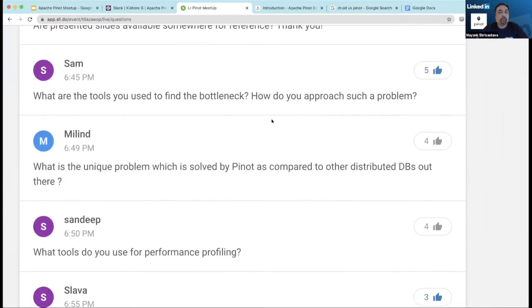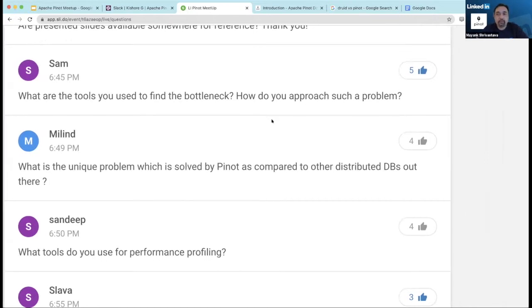Second question, what are the tools you use to find the bottlenecks? Looking at the timestamp of the question, I think it is for Singyun's talk, which was on scaling Pinot. There's a few things. First, we've made execution statistics first-class citizens in Pinot, so we emit metrics as well as information that helps us capture which part of the code is taking how long.